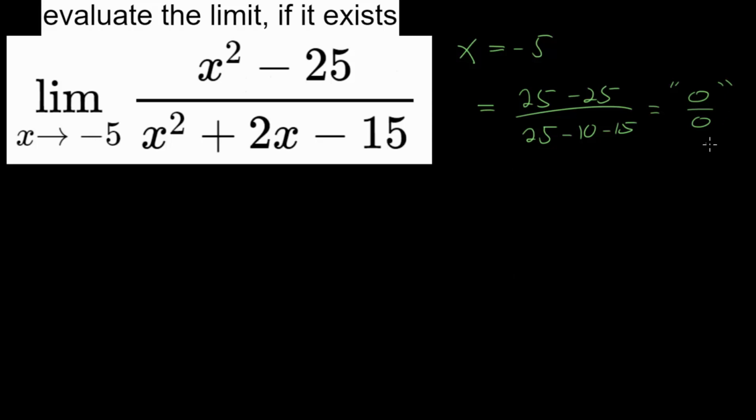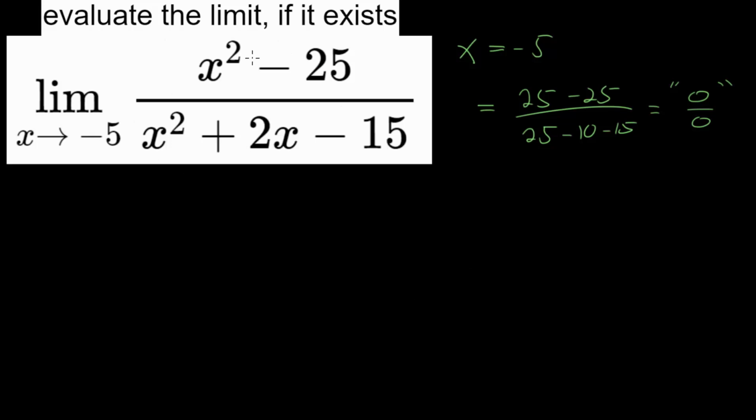Or when you end up with these indeterminate forms, we can use what's called L'Hopital's rule, where we take the derivative of the numerator and the derivative of the denominator, and hopefully after doing that we can actually then evaluate the limit. So let's try to first manipulate this algebraically.